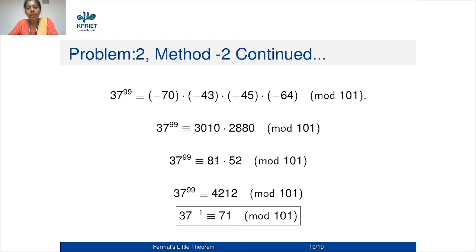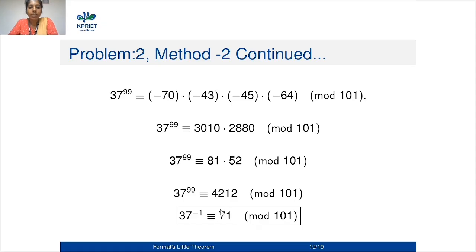Finally, if I make a product of these numbers 81 and 52, I get 4212, which gives the same answer of 71 when divided by 101. So in both methods, with positive and negative remainders, I am getting the same answer, 71.